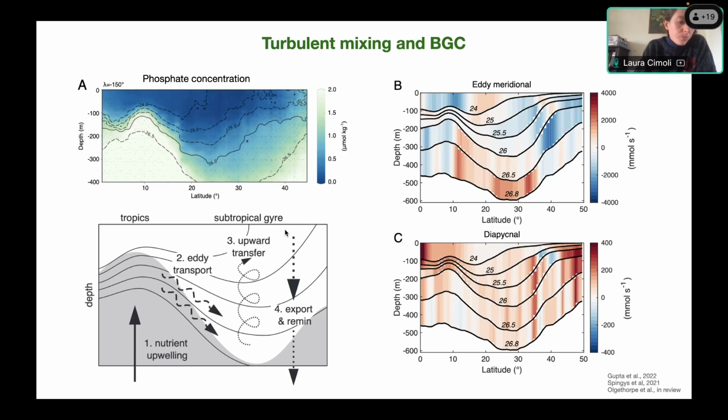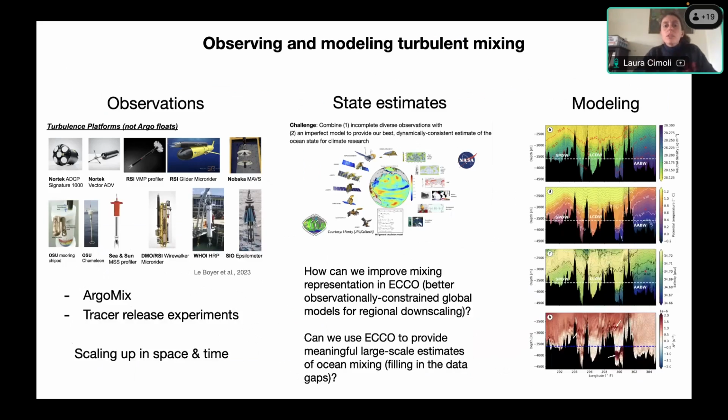And then for the last minutes, I wanted to spend more time on where we are in terms of observing and modeling mixing. As I said, it's a small scale process, so there are many challenges.